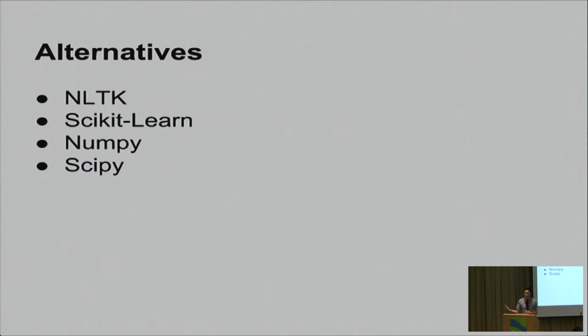Now here are some alternative libraries that you may want to use for this: NLTK, Scikit-Learn, of course Numpy, SciPy. But the real key for this component is that because it's dequeuing from the MQ, you want it to be as lean as possible. It should have as minimal an amount of data as possible to carry out that operation. Why?